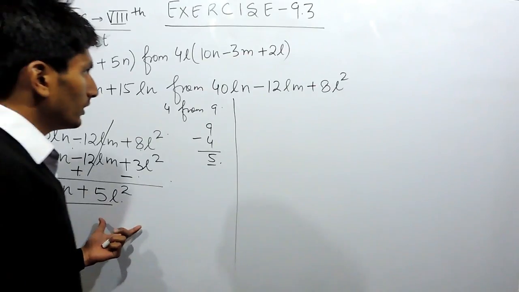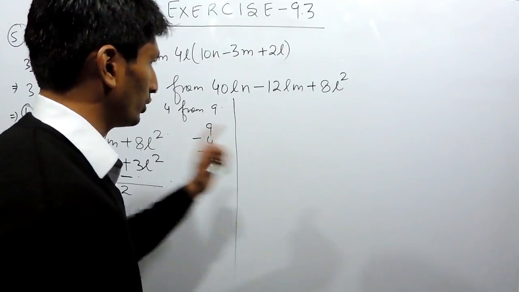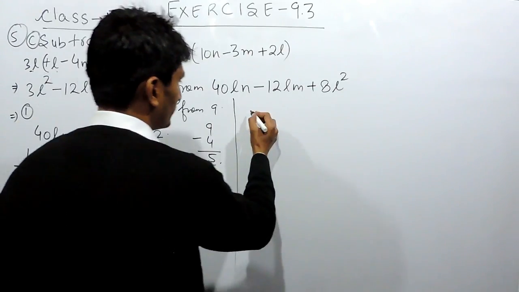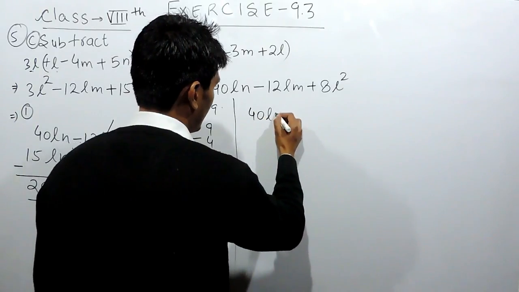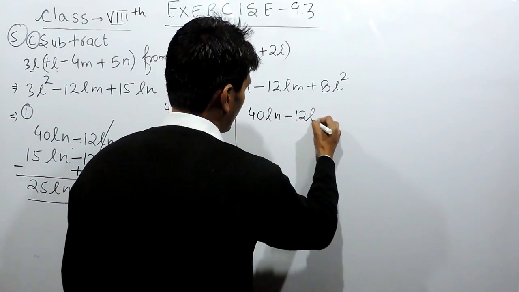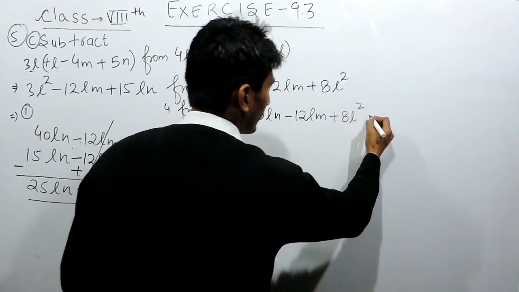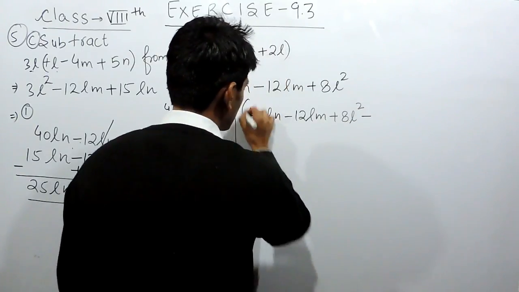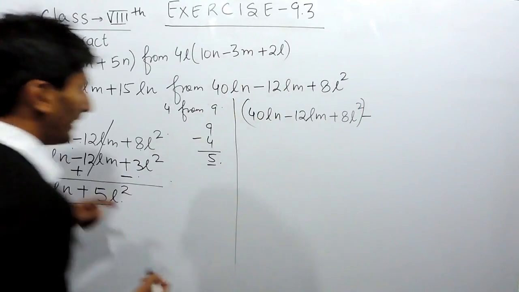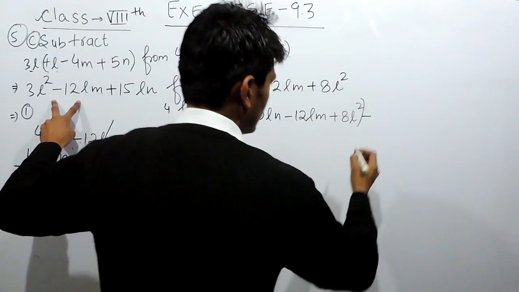Similarly, if you want to solve this horizontally, again we have to write this first. So this will be 40LN minus 12LM plus 8L square. Now we have to subtract. So this is the first bracket, and this is written in the second bracket.